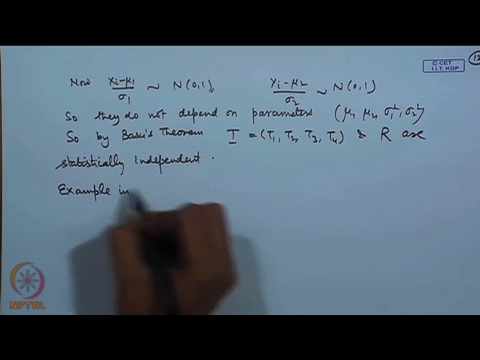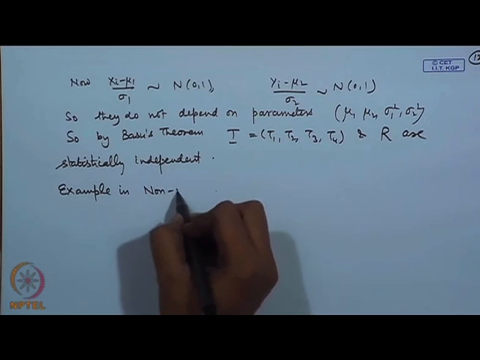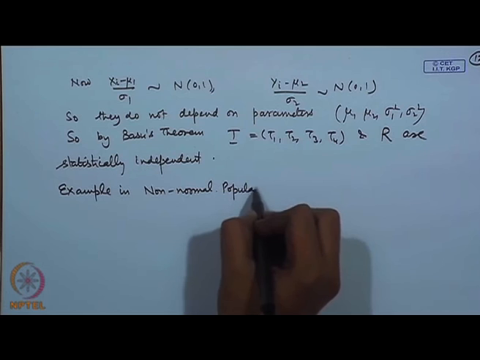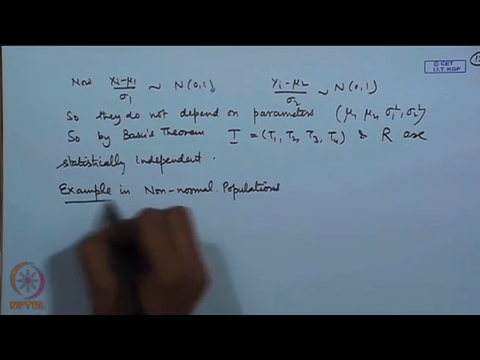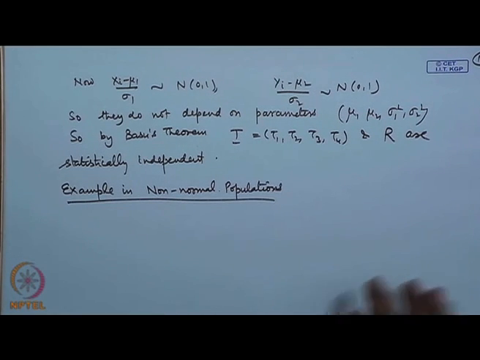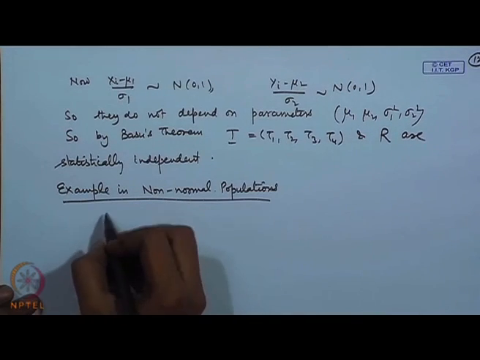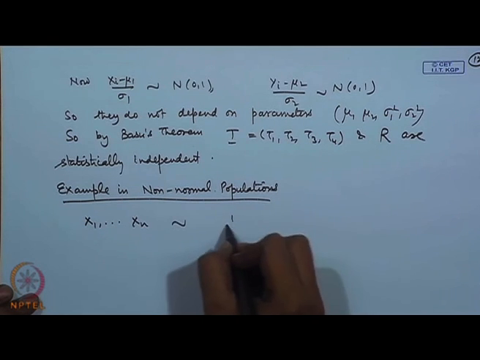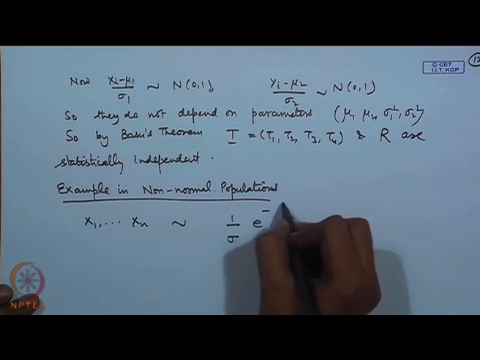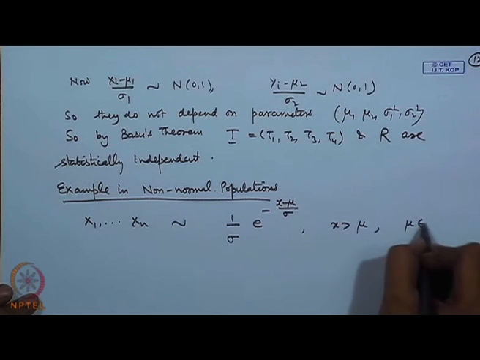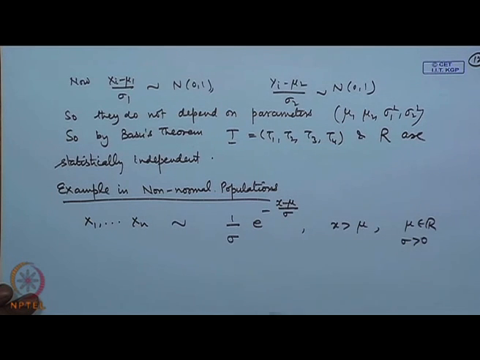Example in non-normal populations. Let us take say x 1, x 2, x n following 1 by sigma e to the power minus x minus mu by sigma, where mu is any real number, sigma is a positive parameter.